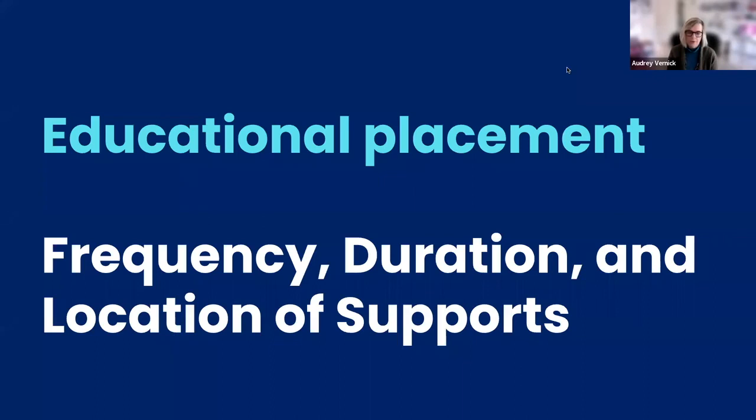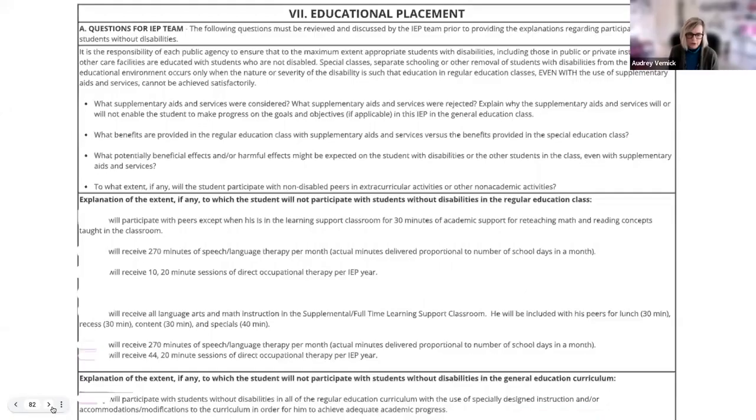And then they have to spell out all of these details, like when will services and modifications begin? How often will they happen? How long will they last? Where will they take place? All of that.